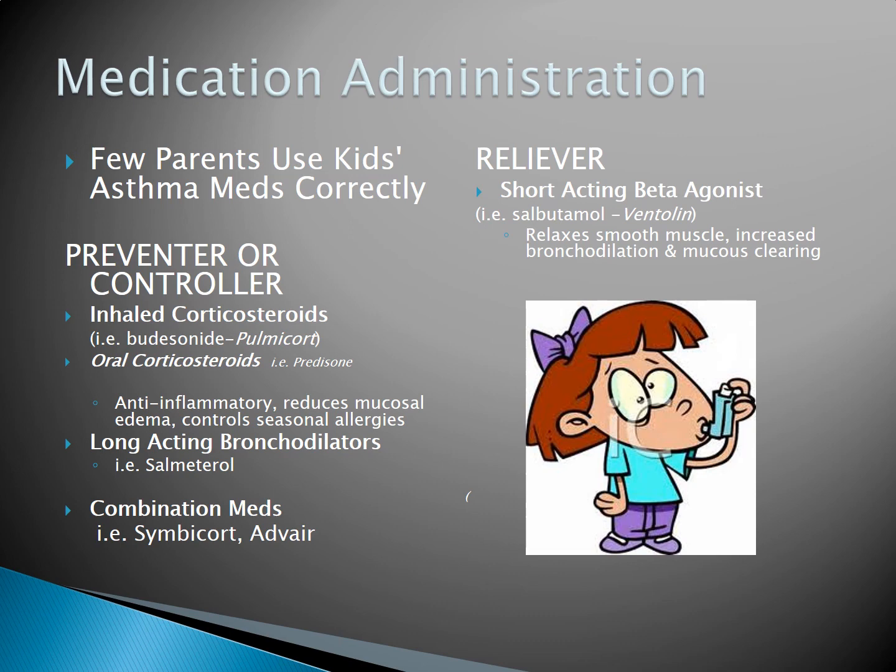These are typically taken daily, and hence the name preventer or controller. They prevent or control that airway inflammation, reduce mucosal edema, and can also help to control seasonal allergies.